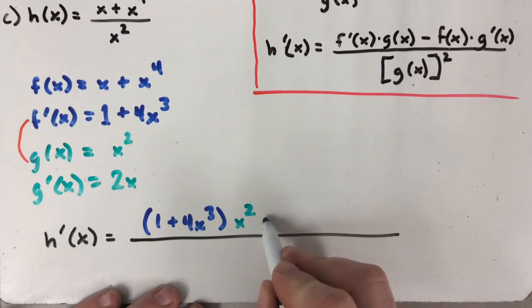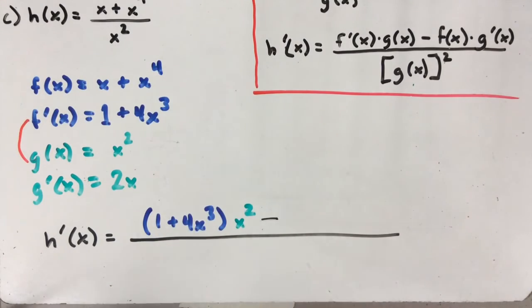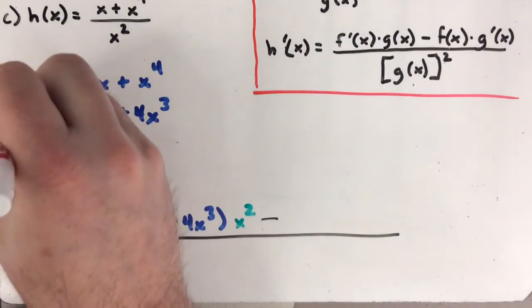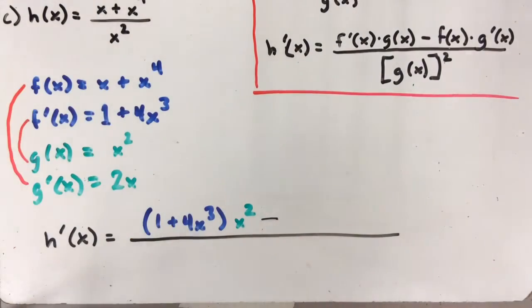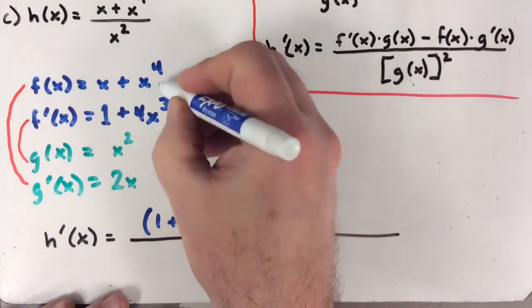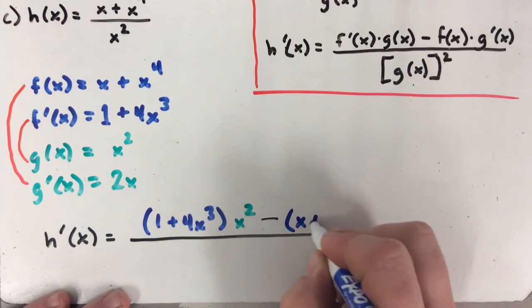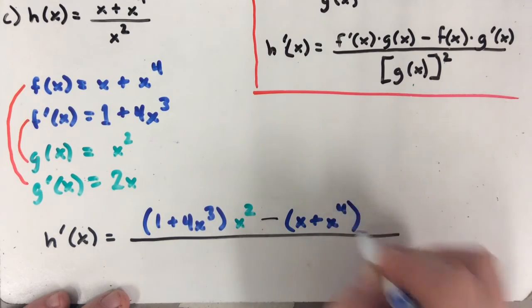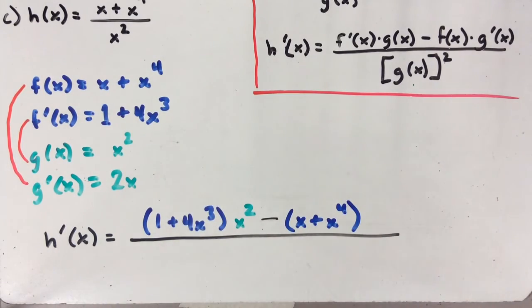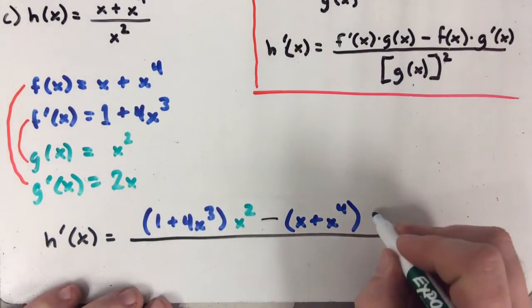And then we want to do minus the outsides multiplied together. So subtraction, and then our outsides multiplied together. So that would be an x plus x to the 4th times 2x.